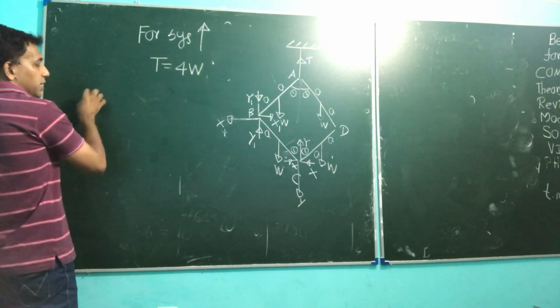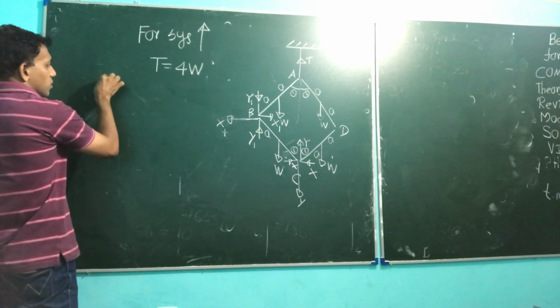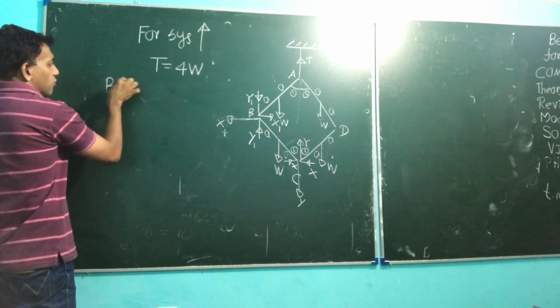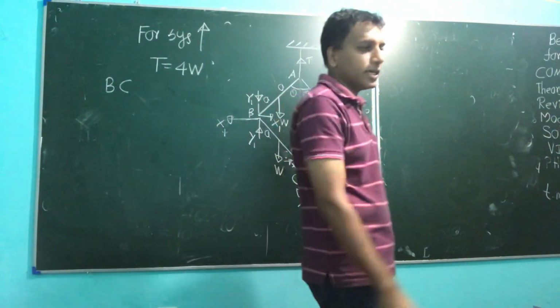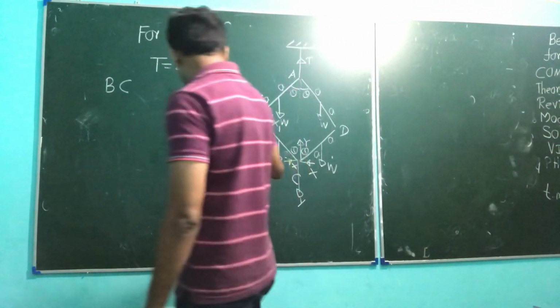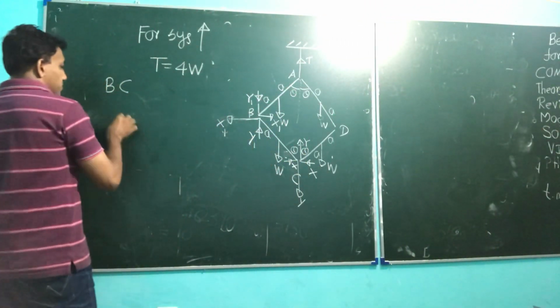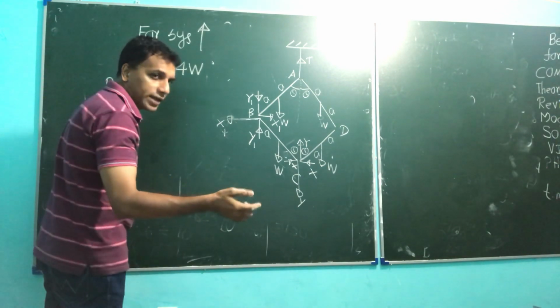Next write: for equilibrium of rod BC, take moments about B. Show any direction.